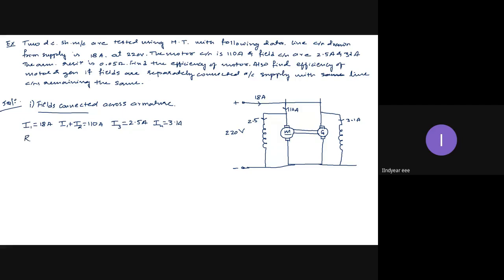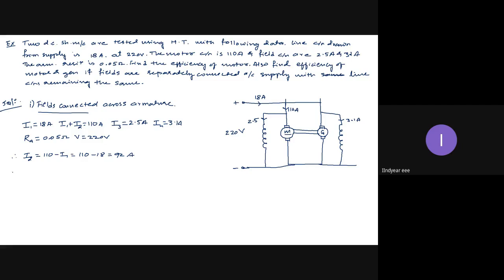And RA is 0.05 ohms. V is 220 volts. Anything else given? So we know these things. Therefore, I2 is equal to 110 minus I1. That is 110 minus 18, which is equal to 92 amperes.